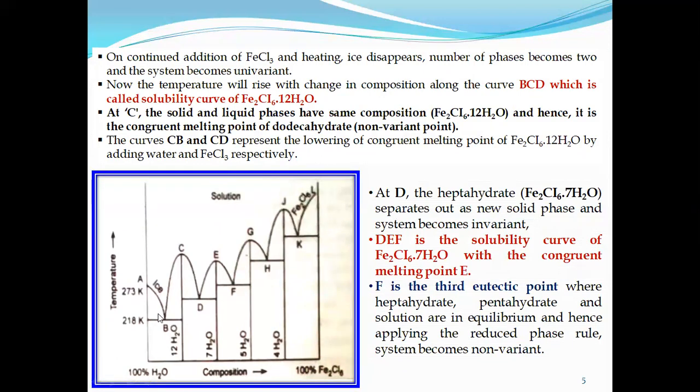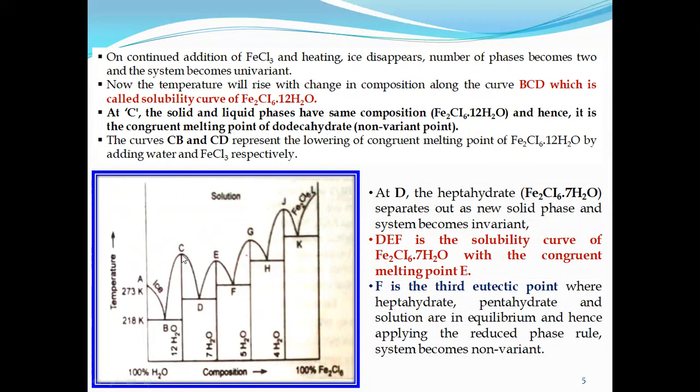Now from this point B, if we heat the solution, the ice will melt and dissolve the ferric chloride dodecahydrate, and as the temperature increases, the system will reach point C. The temperature rises with change in composition along the curve BC, and the composition changes along the curve BCD, which is called the solubility curve of ferric chloride dodecahydrate.